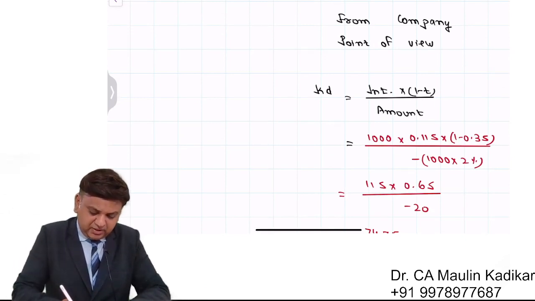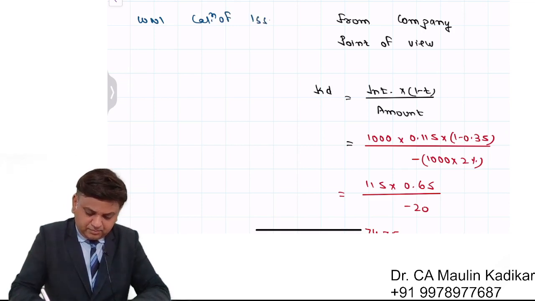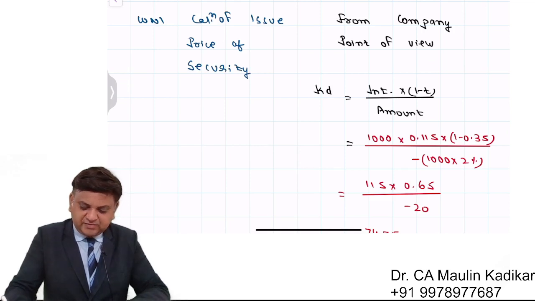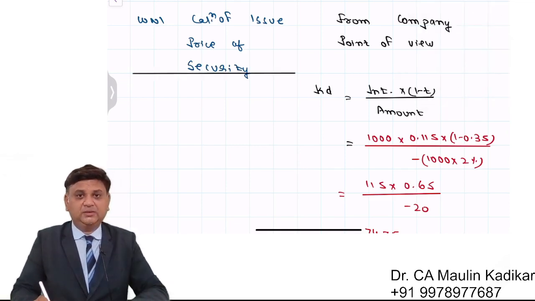So in this question, we are required to make the calculation first of all like this. Listen to me carefully. Working note number 1. Calculation of issue price of security. The very first thing that we are required to do is calculation of issue price of the security.